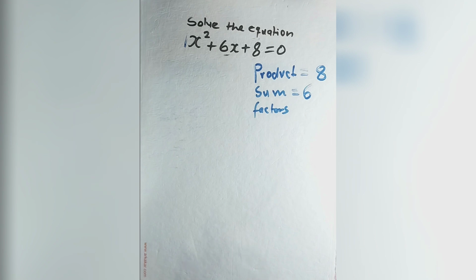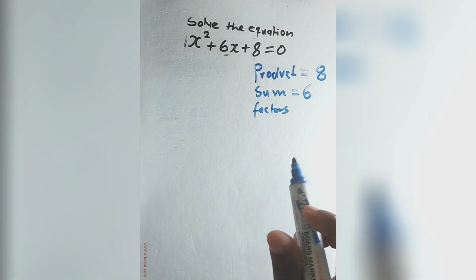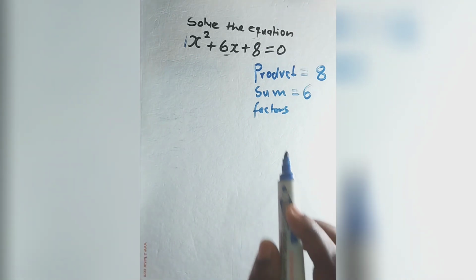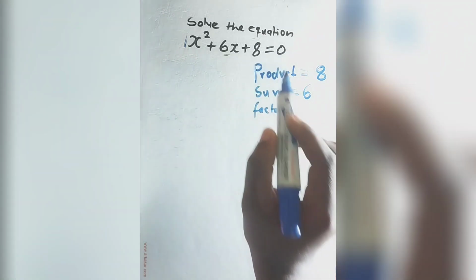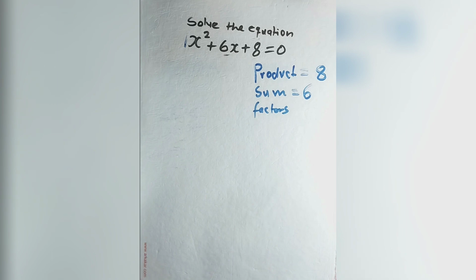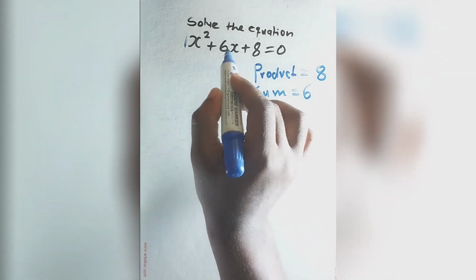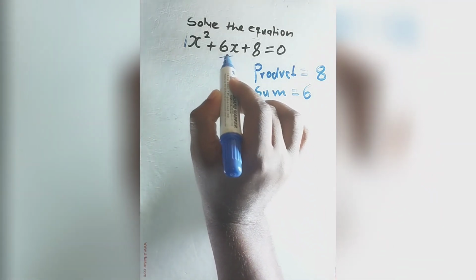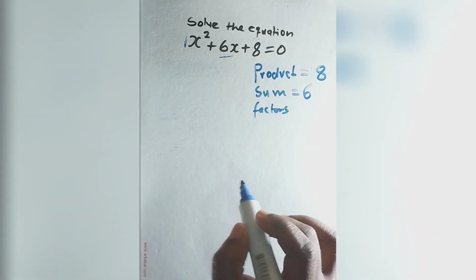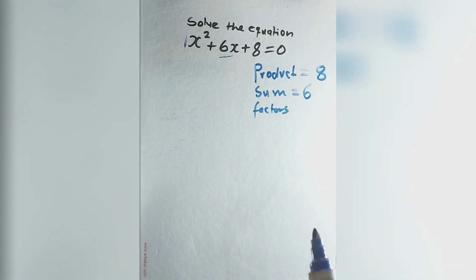So the factors, this is where most of us get it wrong or find it difficult. Finding the factors, you need to get two numbers. When you multiply those two numbers, you get your constant, and when you add the same two numbers, you must get the coefficient of x. Please kindly take note.